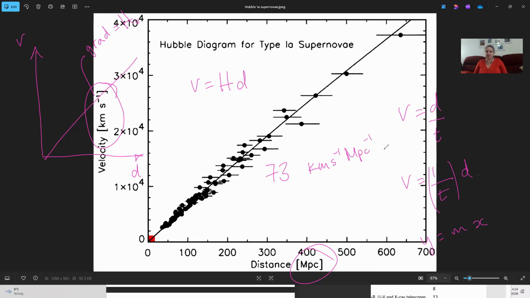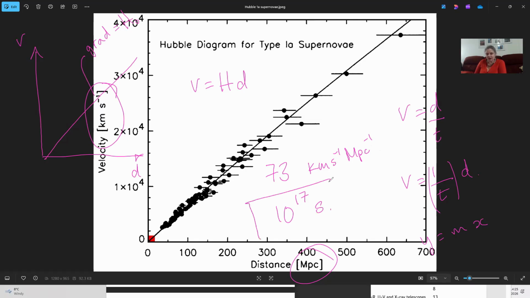Okay, and if you convert that into meters and seconds, and the megaparsecs into meters, the meters cancel, and you end up with seconds to the -1, and if you do 1 over that, you get the age of the universe, and it's around about 10 to the 17 seconds, ish.